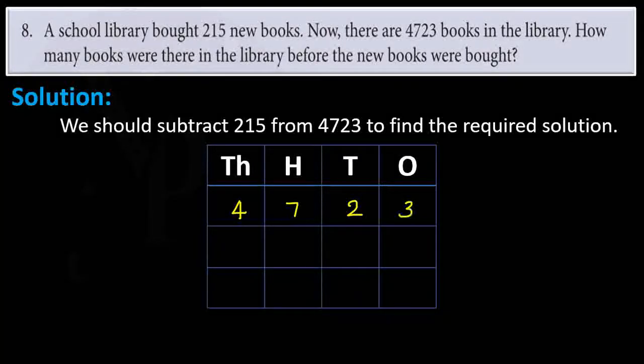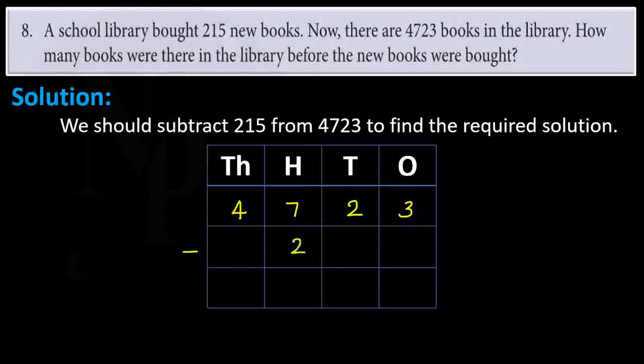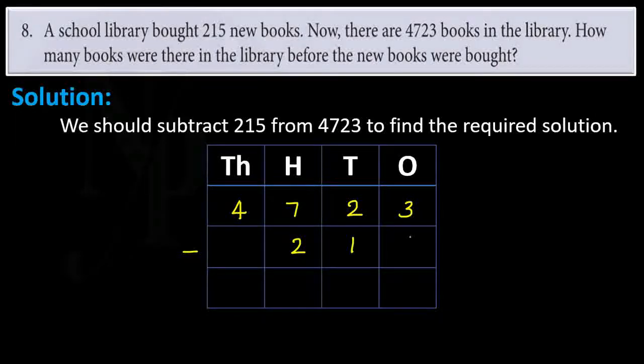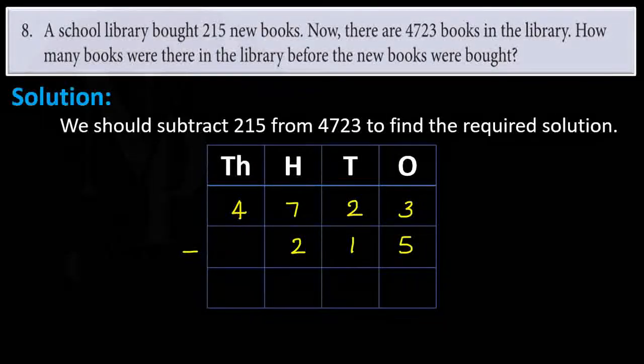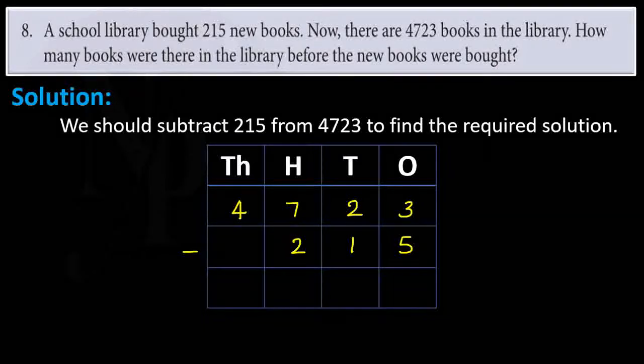4723 minus 215. So for subtracting 5 ones from 3 ones, which is not possible, we need to regroup.